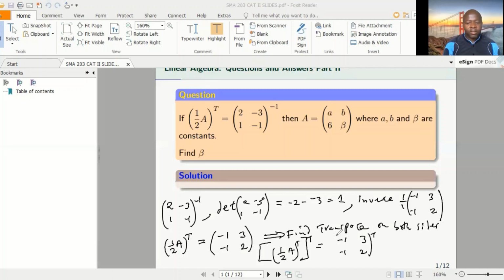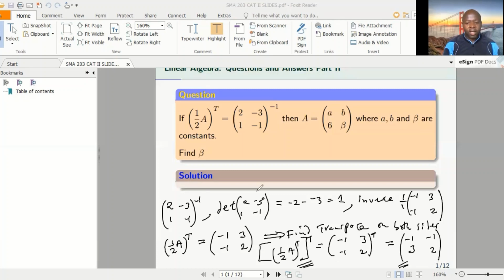But what is the transpose of this matrix on the right? The transpose of this matrix is just -1, 3, -1, 2. So that is the transpose. Now, what that means is that the part on the left side equals this part.